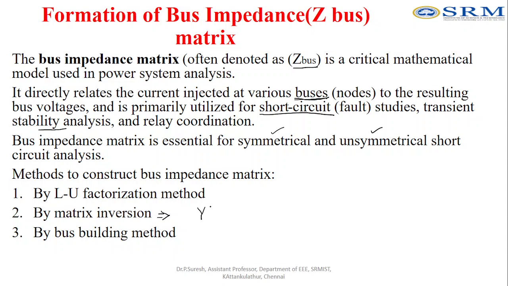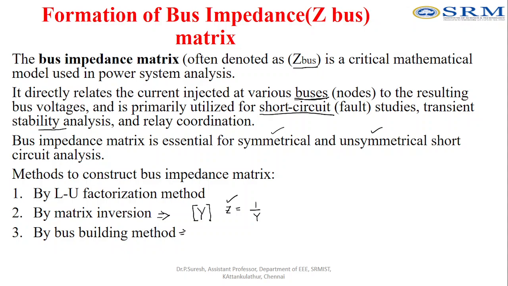With the help of the bus admittance Y matrix, we can easily construct the bus impedance Z bus matrix, because impedance is the inverse of admittance, Z equals 1 by Y. So if you know the Y matrix, we can find the Z matrix by inversion. That is the second method.